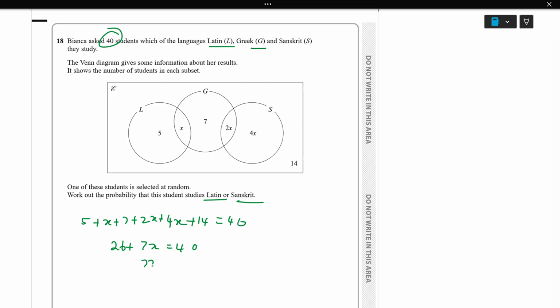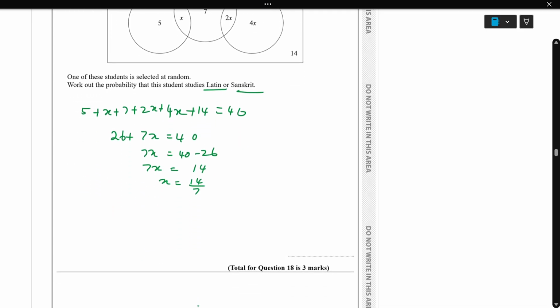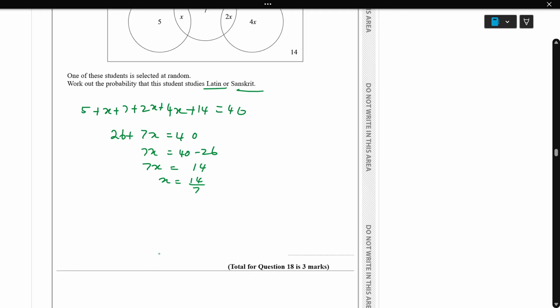So 7x equals 40 minus 26, so 7x equals 14. So x equals 14 over 7, so x equals 2.